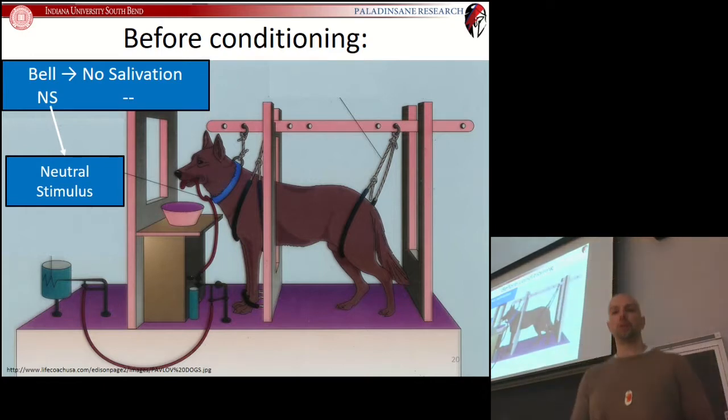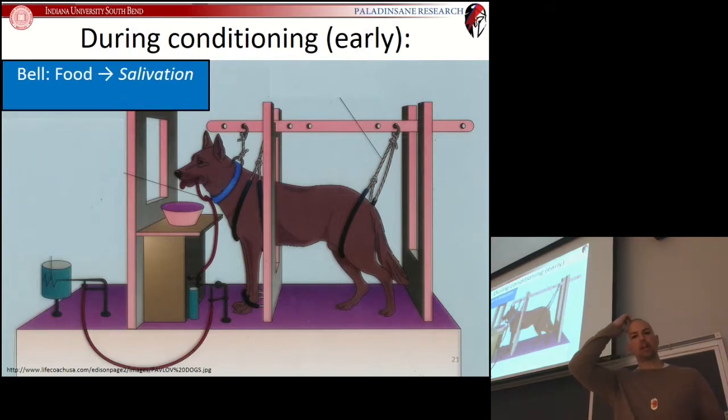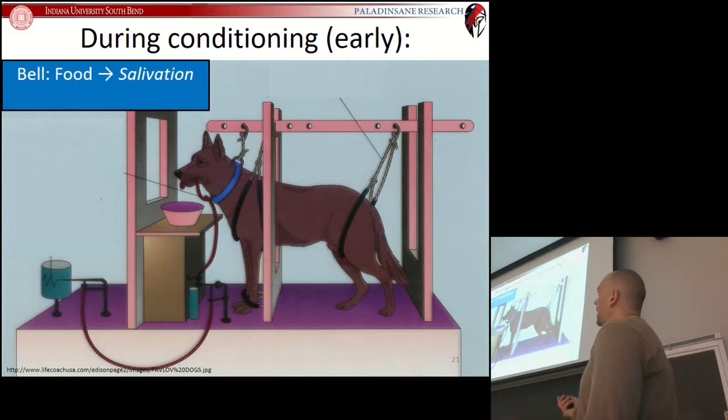So then what they do to do the classical conditioning is they start presenting the bell, ding, ding, ding, ding, ding, and then they present the food, you know, here's some meat, and then they measure what happens with the dog, and the dog starts salivating. So during the early phases of conditioning, trial 1, 2, 3, what will happen is the bell, again, paired with the food is causing the salivation.